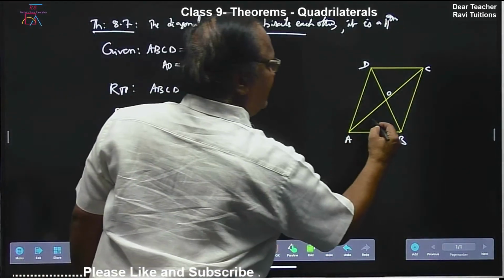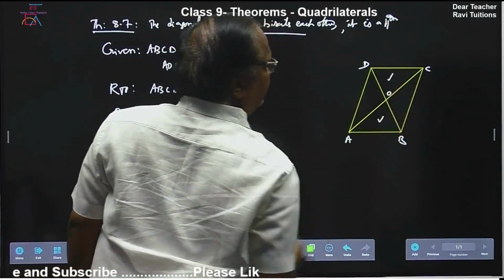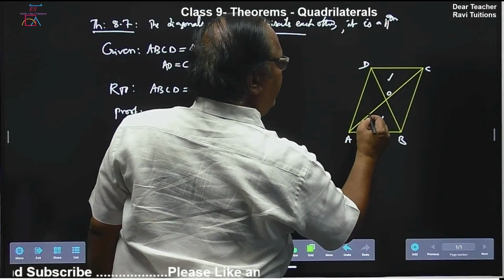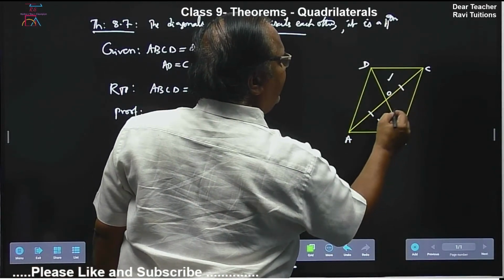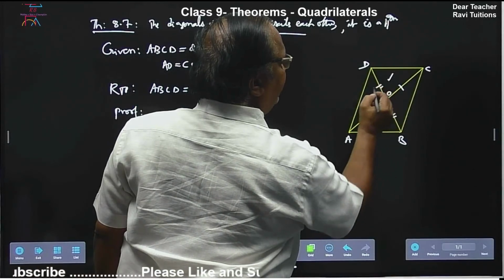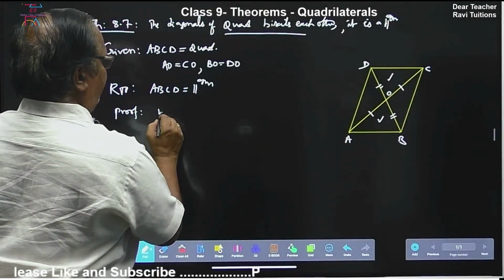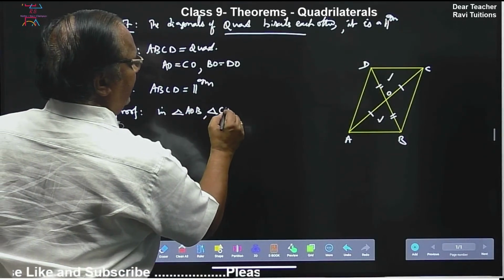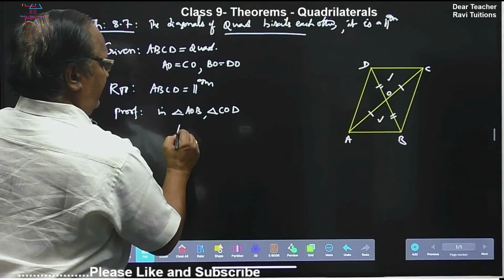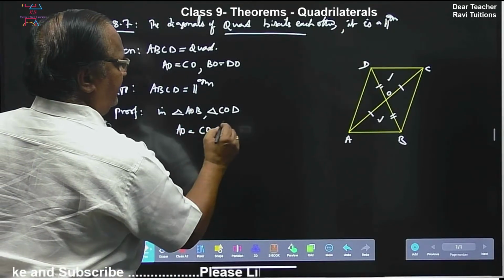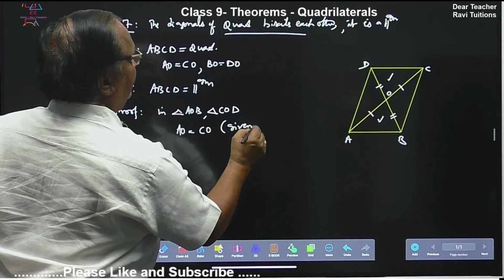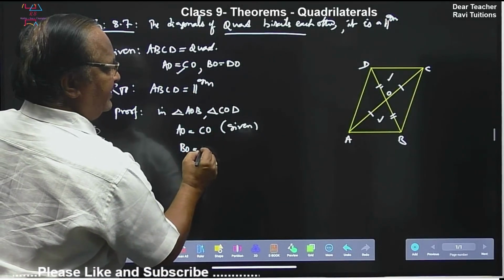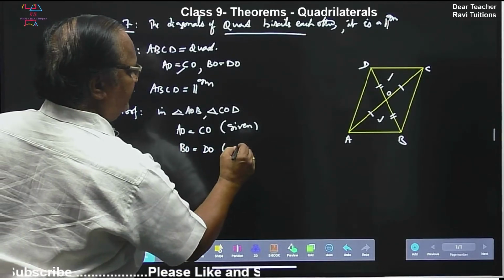Now the proof. Again in this case also we will take these two triangles. In triangle AOB and triangle COD, AO is equal to CO, this is given, and BO is equal to DO, this is also given.